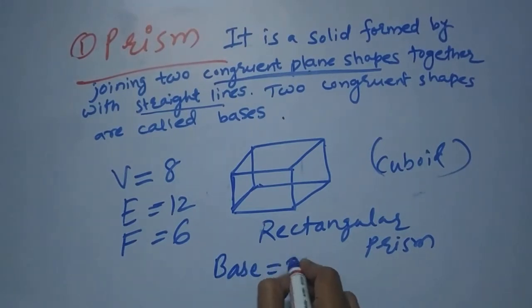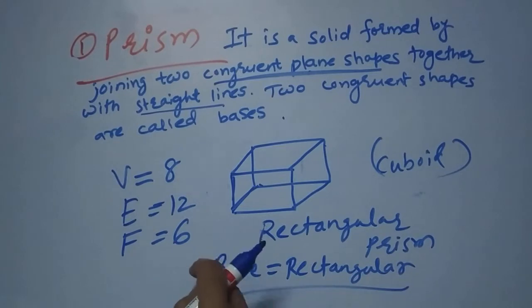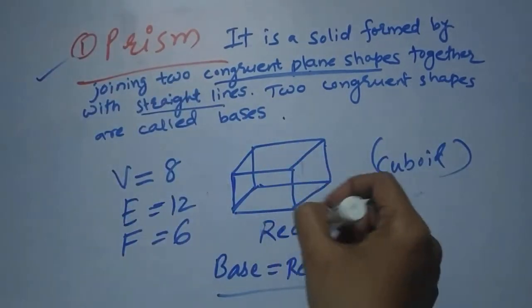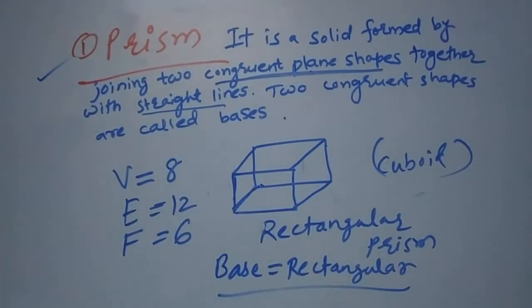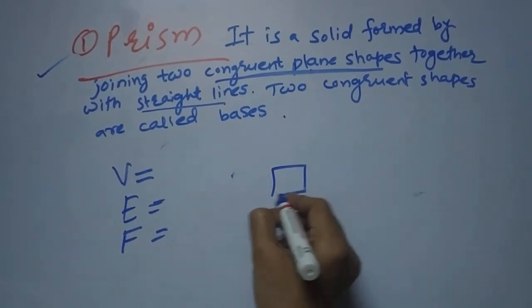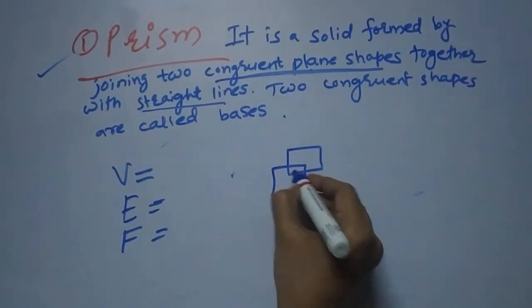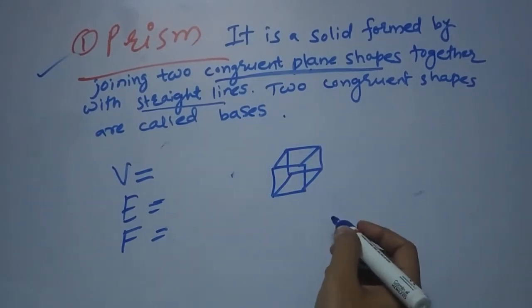Here the base is a rectangle, a plane shape. That's why this prism is named a rectangular prism. The name of the prism will be according to its base. So here the base is a rectangle, that's why we call it a rectangular prism, and all its faces are rectangular in shape. Suppose I have one square and another square, and I join them. What have you made here?